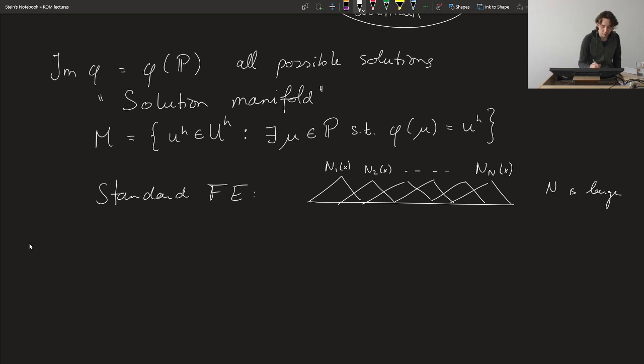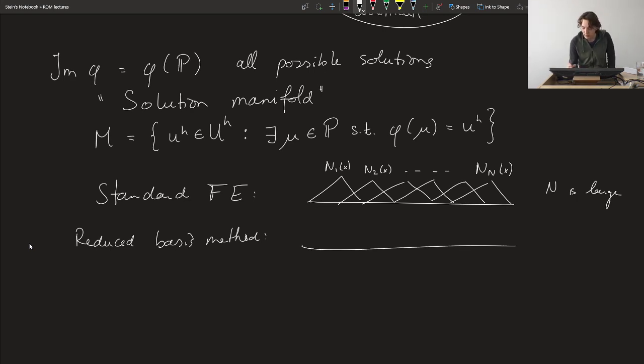And the objective of a reduced basis method is to say, maybe that's not the best way to do this, because a whole bunch of these degrees of freedom might not be relevant, or they might always be connected to one another. So what we're going to do instead is use a very low dimensional space of smart basis functions. A smart basis function might, for instance, be a sine. Another one.